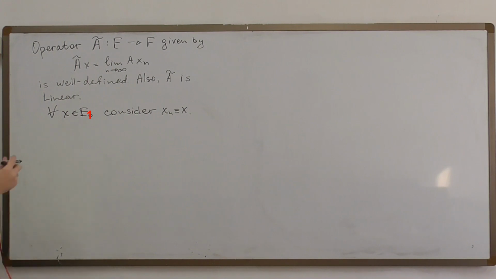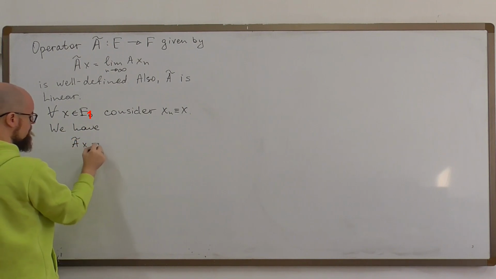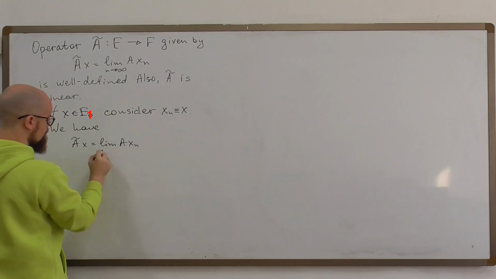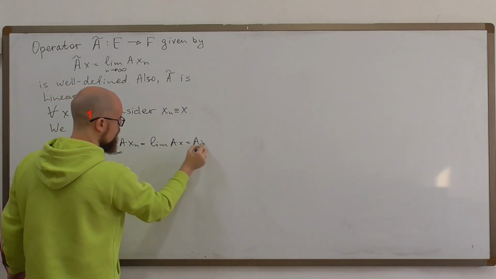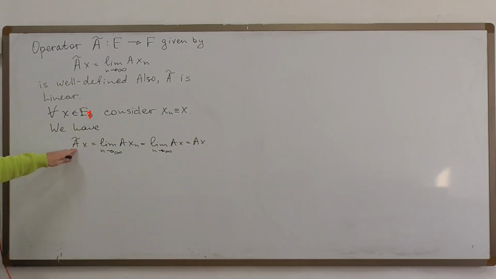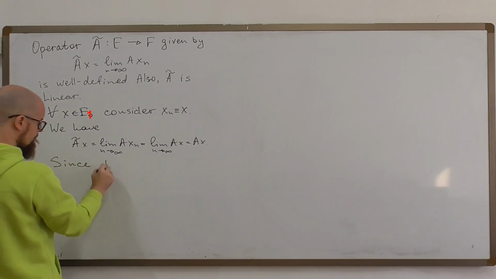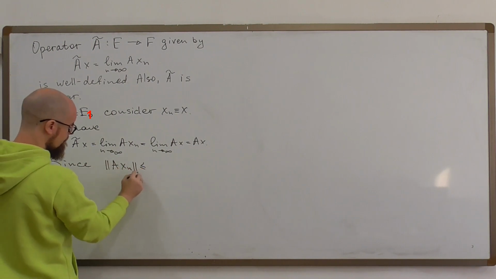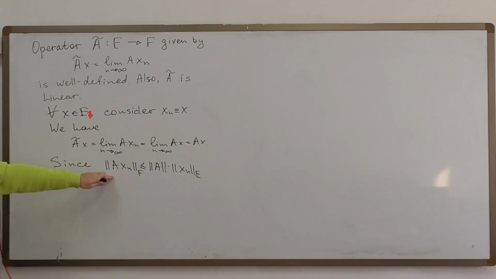By definition of the operator A tilde we have the following, so the operator A tilde is in fact an extension of the operator A. Let us now check that their norms coincide.